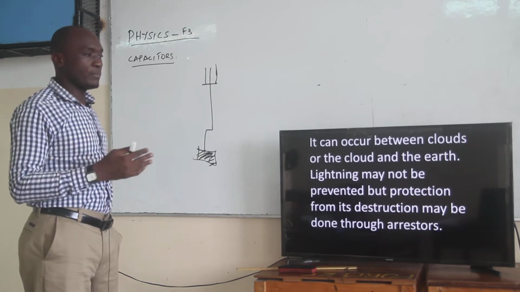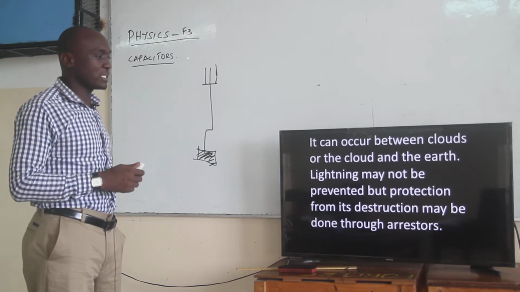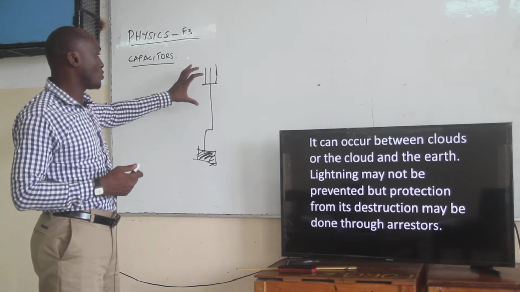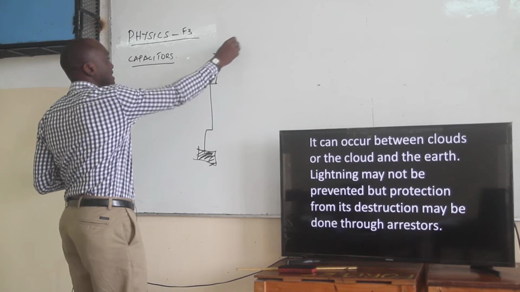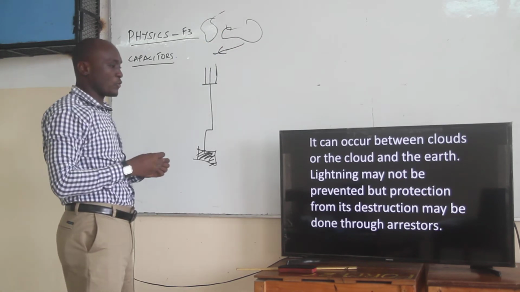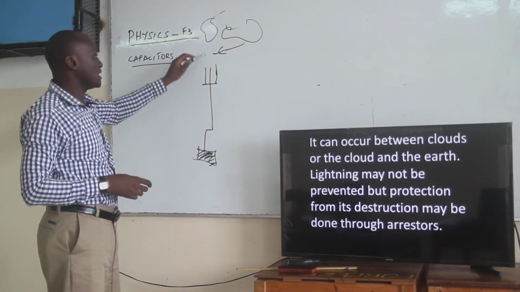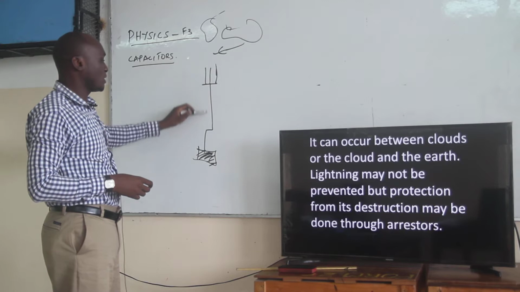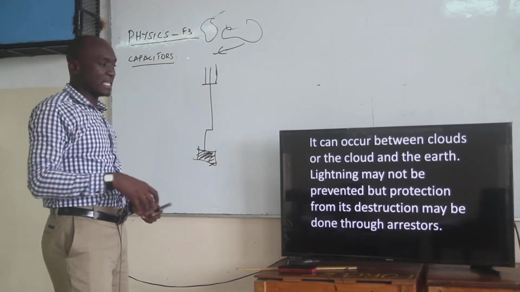So for the houses to be protected from the lightning effect, we have what you call lightning arrestors. In case we have those charges coming from a lot of clouds from the other side, if attraction or even repulsion takes place, the charges just go through the arrestors and will be neutralized by the copper plate under the ground.